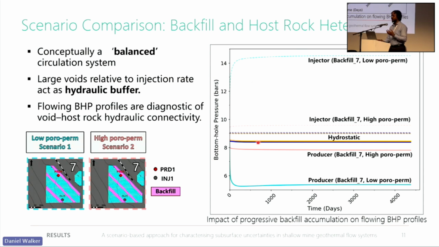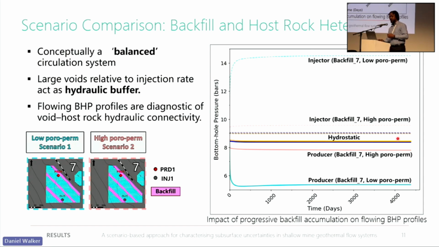So when we look at the pressure evolution, we can basically divide this curve into the transient phase, which is the early time, your mid-time region, and then your late time region, which is more or less like your steady state. And what we can see immediately is that all the previous cases are all bunched up very close to the hydrostatic pressure, which is what we expect in an open mine with very large storage capacity.